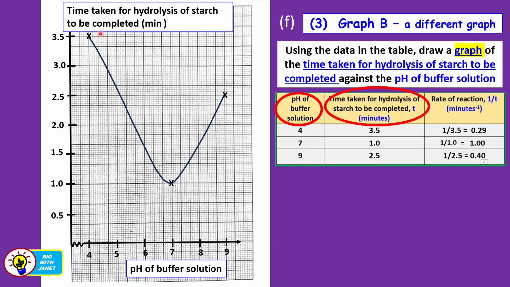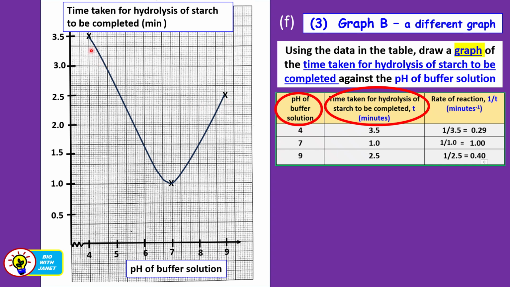After I have drawn the scale and written down the titles plus units, I just mark the values. For pH 4, we have 3.5 minutes, then pH 7 is 1.0 minute, and pH 9 is 2.5 minutes.